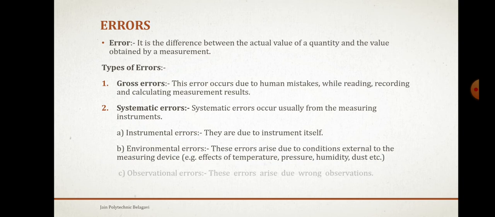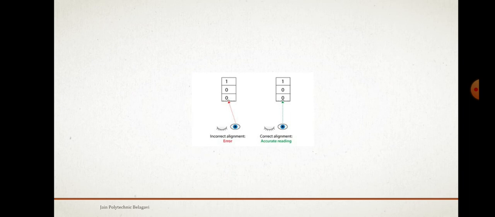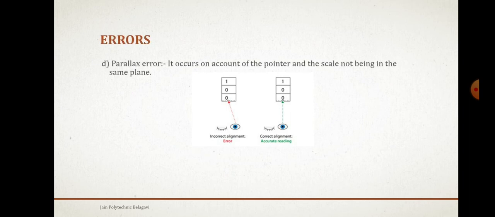Then observational errors. Observational errors are errors that arise due to wrong observation, meaning while taking the reading, if we take wrong readings while observing. Then next, parallax error. Parallax error occurs on account of the pointer and the scale not being in the same plane.